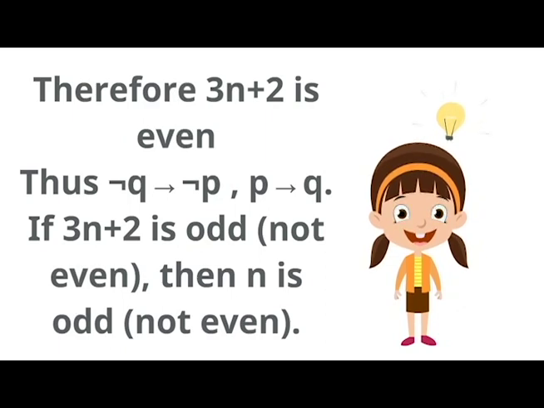We have shown that if not Q, then not P. Then, by the definition of the contrapositive, we can conclude that if P, then Q, or the statement if 3n plus 2 is odd, or not even, then n is odd, or not even, thus proving it.